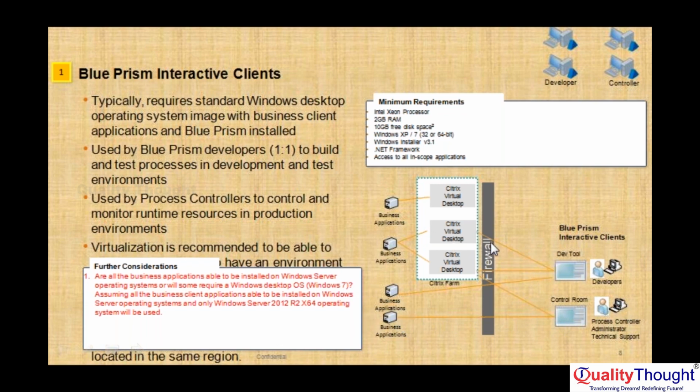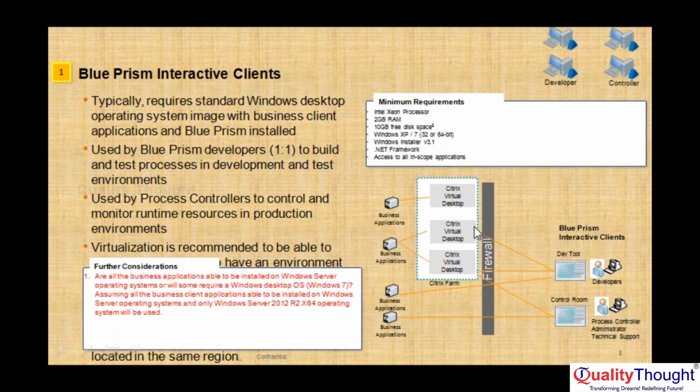But you see this line. We are automating this application, but your Blue Prism interactive client does not have direct connectivity to automate this. It has to interact with the Citrix, and only then interact with the application.